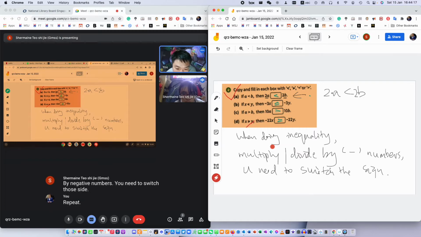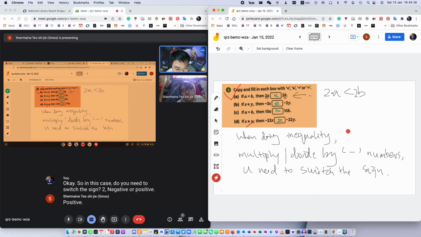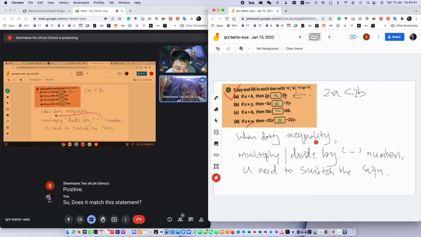Repeat. Multiply or divide by negative numbers, need to switch the sign. So in this case, do you need to switch the sign? Two, negative or positive? Positive. So does it match this statement? No. So do you need to switch? No. Good. So if it's smaller, it's smaller. Are you clear?